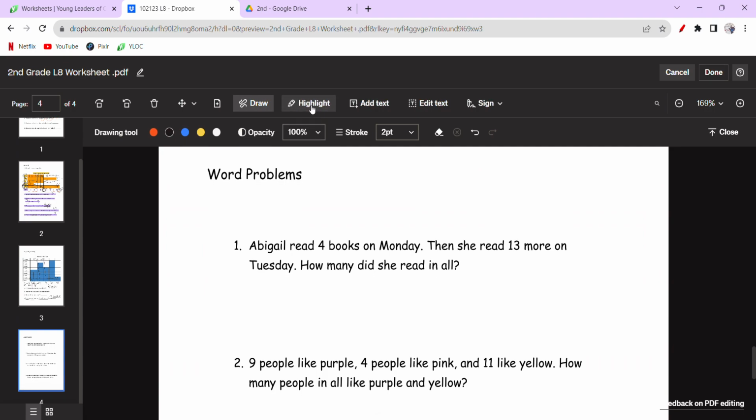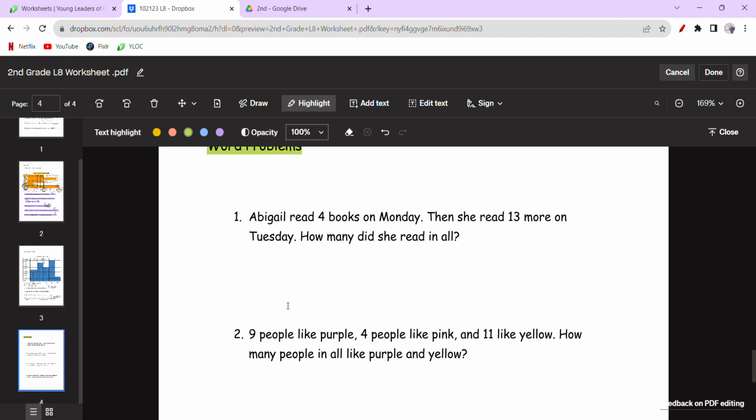And so lastly, we are going to move on to word problems. Let's try number 1. Abigail reads 4 books on Monday. Then she reads 13 more on Tuesday. They ask, how many did she read in all? When they use in all, that means they want us to add up everything and get the sum.